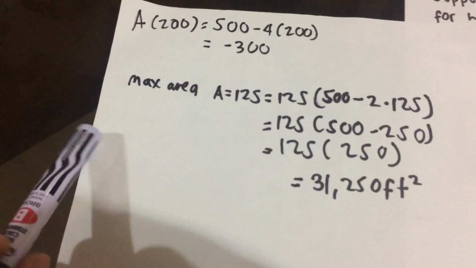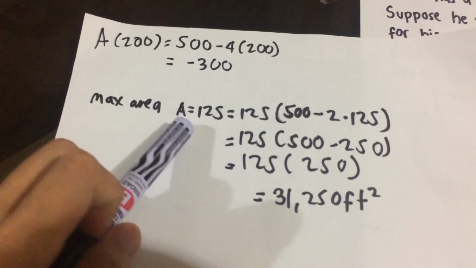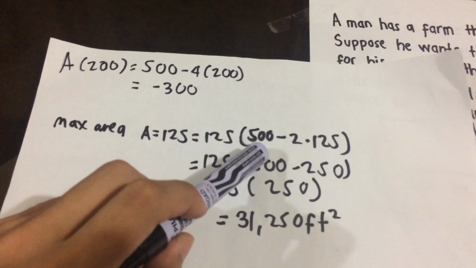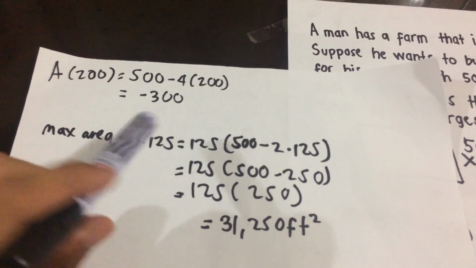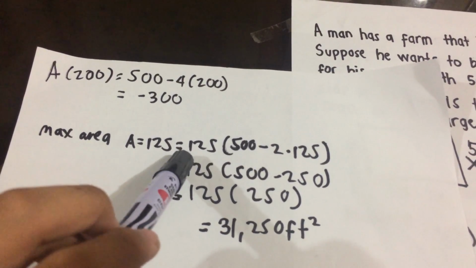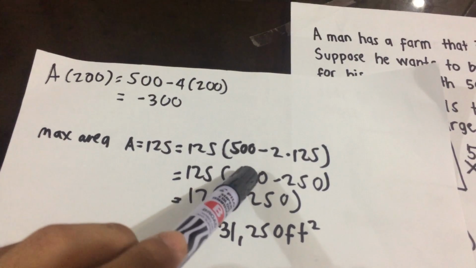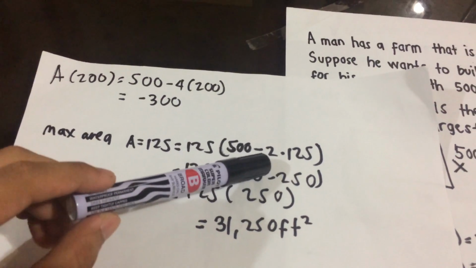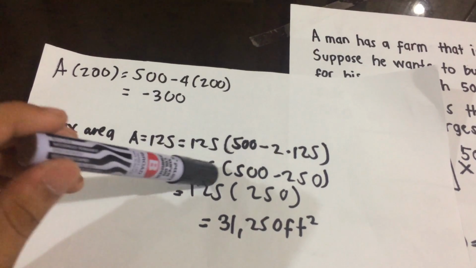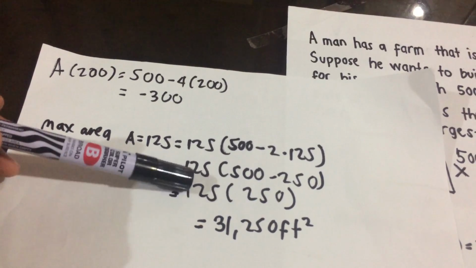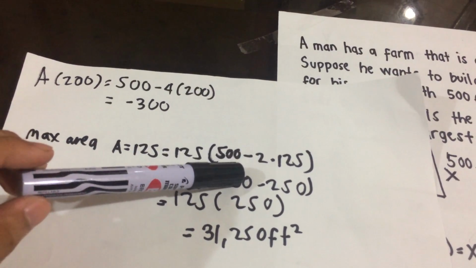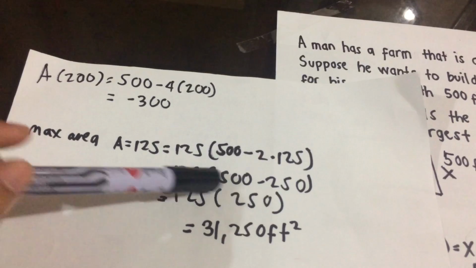So now the maximum area is A equals 125 times 500 minus 2 times 125. So now we bring down the 125, and multiply it by 500 minus 250, because I multiplied 2 by 125 and got 250. And here we bring down the 125 again, and I subtract 250 from 500, and now we get 250.